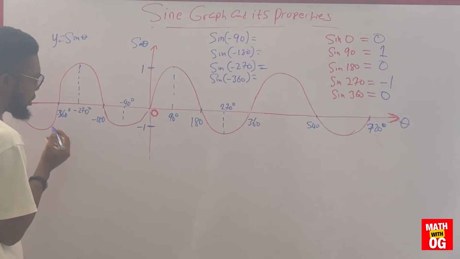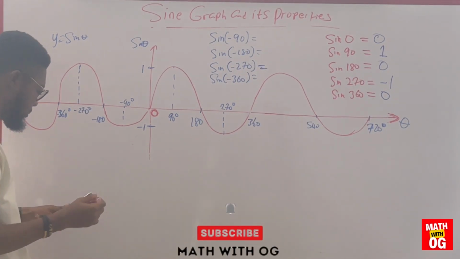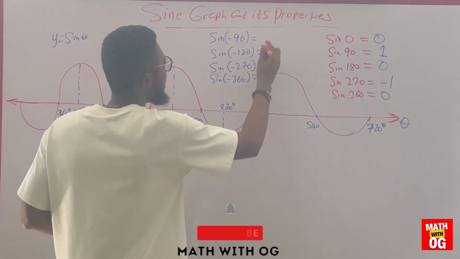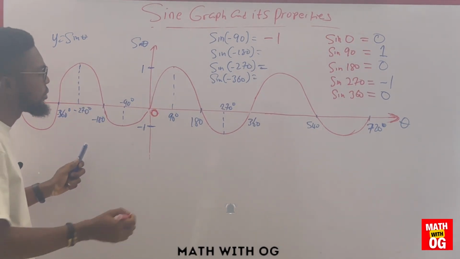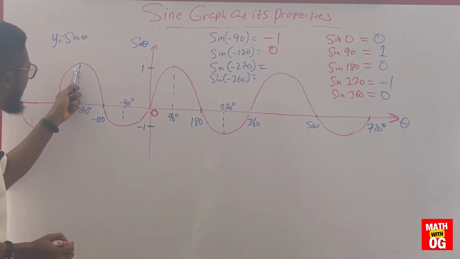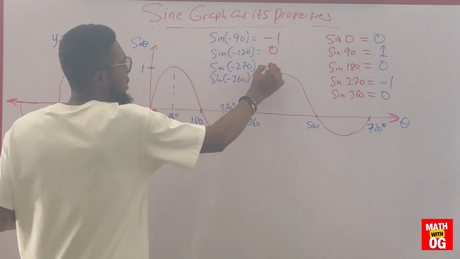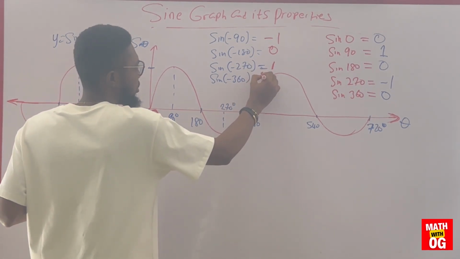Minus 90 degrees. So sine minus 90 in this case is -1. So I can put here -1. Sine minus 180 is 0. Sine minus 270 is +1. And sine minus 360 is 0.